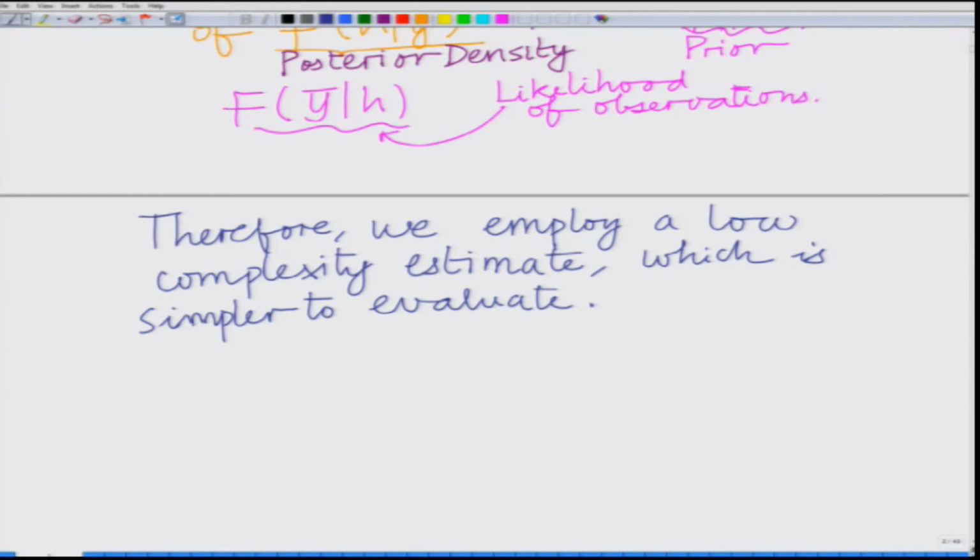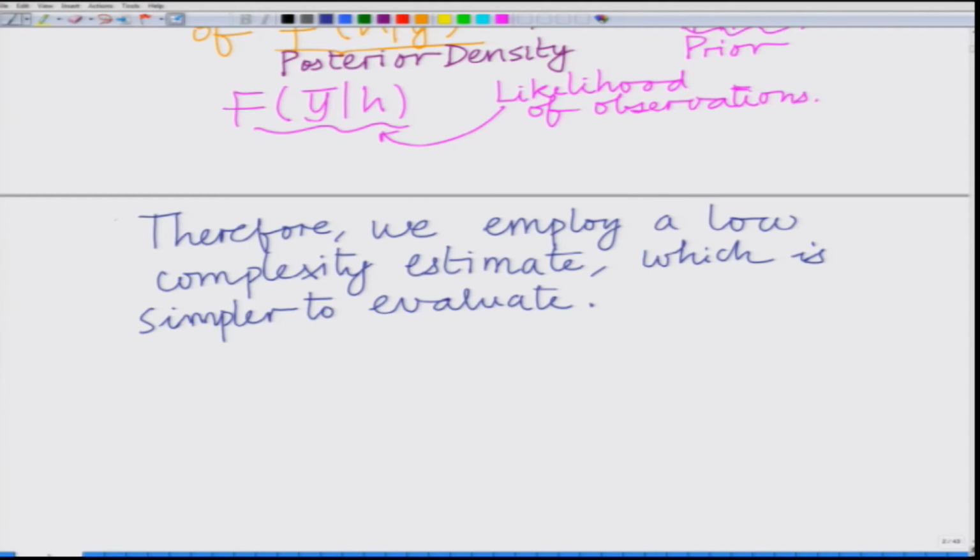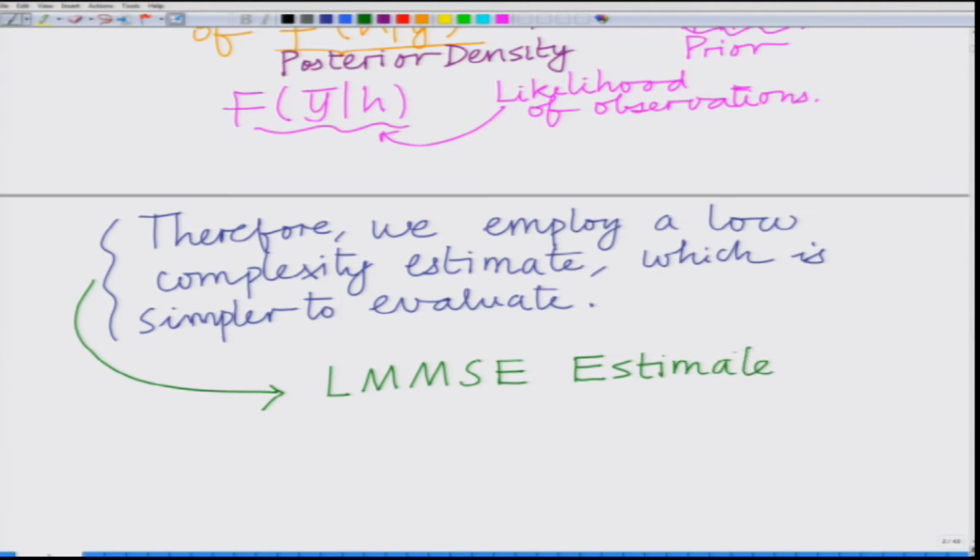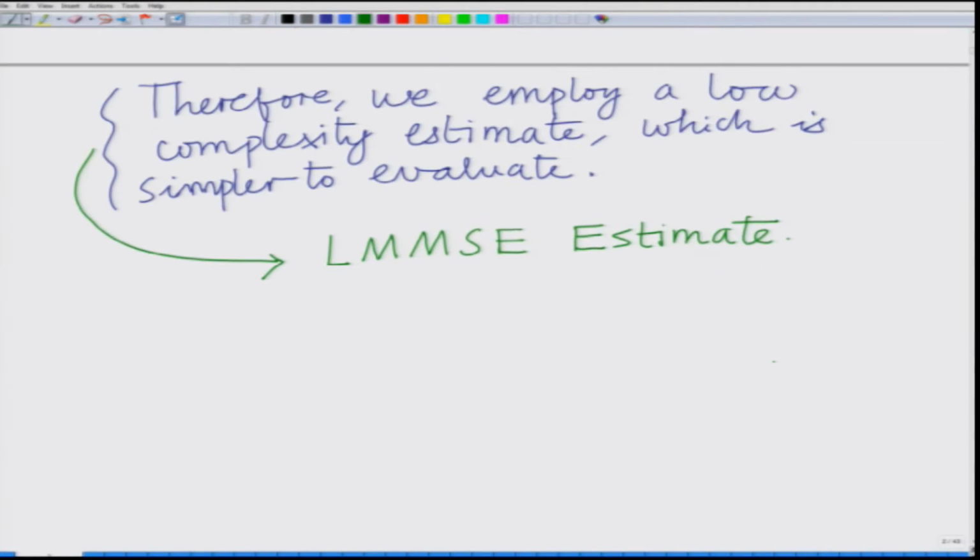This is precisely the motivation for the LMMSE estimator.